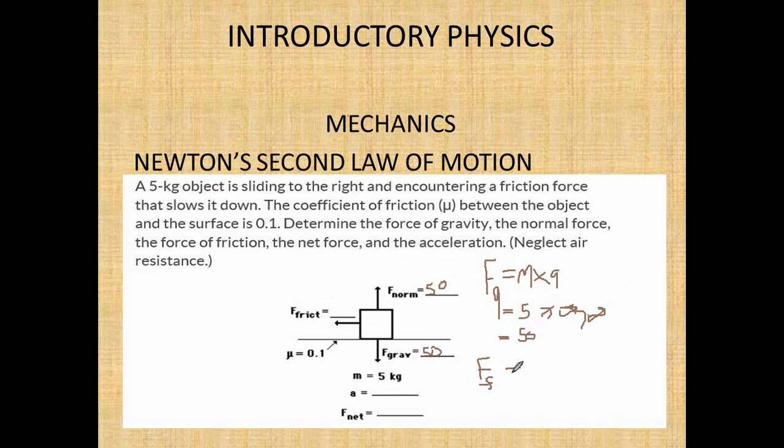Remember, the force of friction is equal to the coefficient of friction, that's mu, don't worry too much, times the normal force. They gave us the coefficient of friction, which is 0.1. So you plug that into your equation and multiply by your normal force, which is 50.